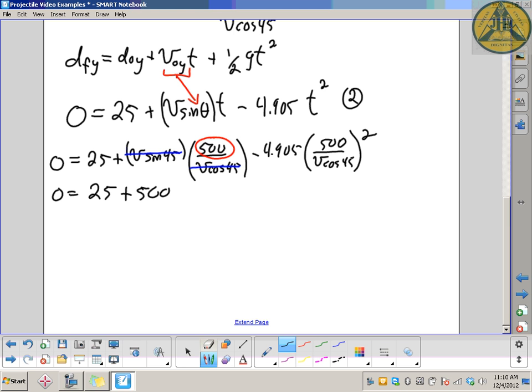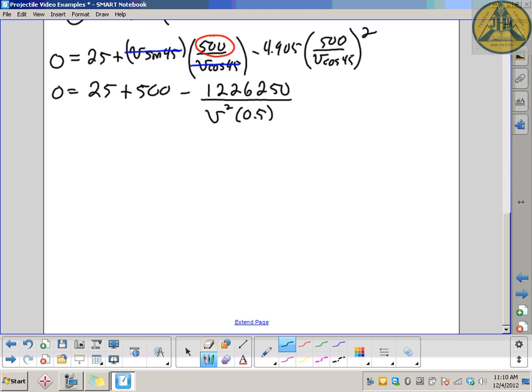Okay, nothing happened yet. So it's 25 plus 500 minus, and I'll work out some numbers here. 500 squared times 4.9 is going to be a big number, times 0.5: 1,226,250. That is over v squared, and the cosine of 45 squared is 0.5.